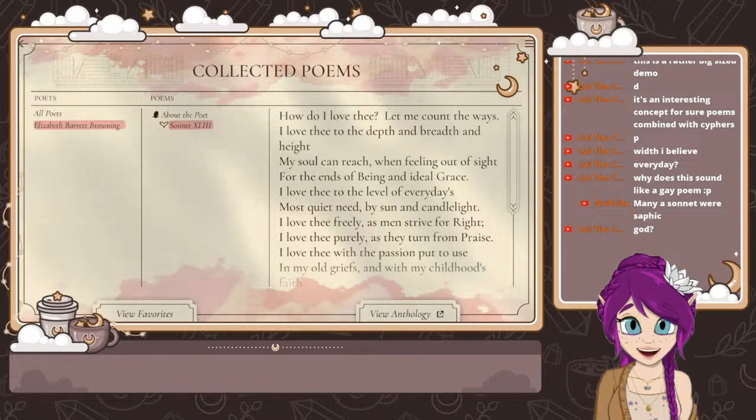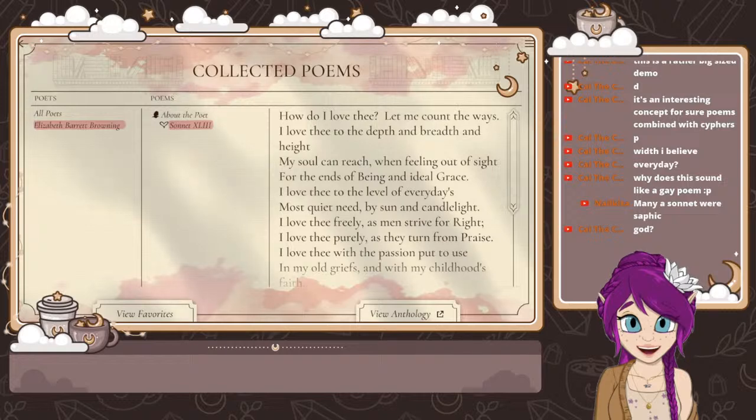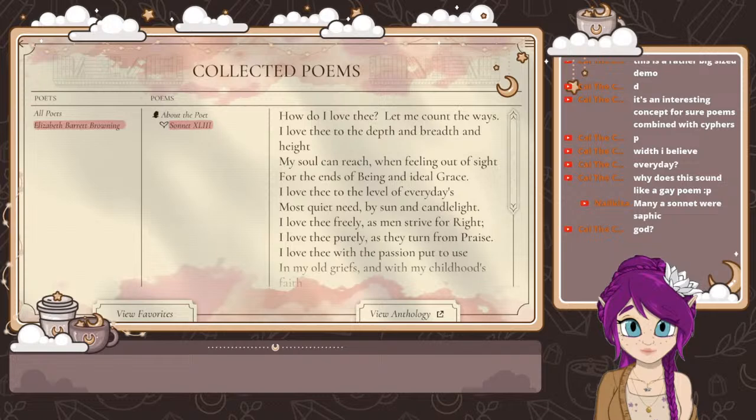Browning wrote Barrett a letter, and the pair exchanged nearly 600 letters over the following 20 months, which was a bunch of poems. Oh, that's cool. Sorry, I got distracted. I do love some good English history.